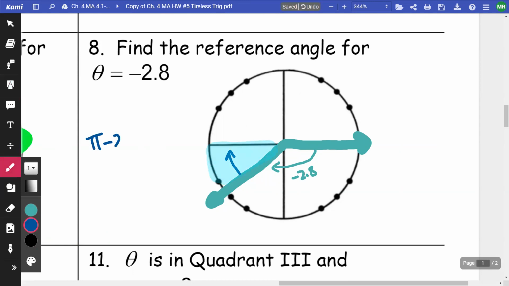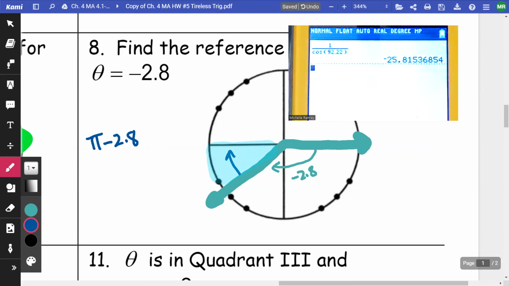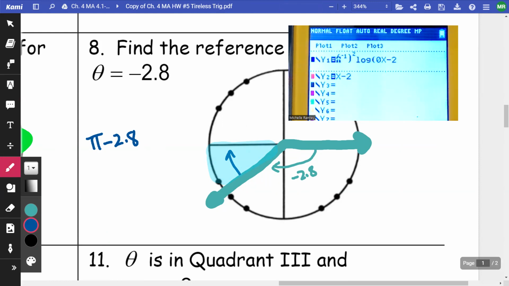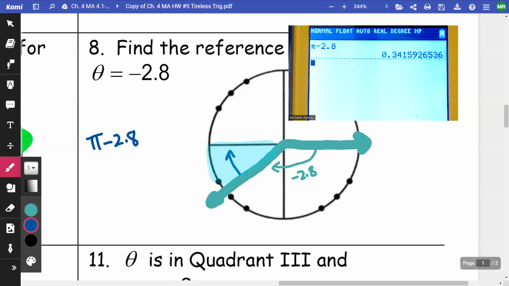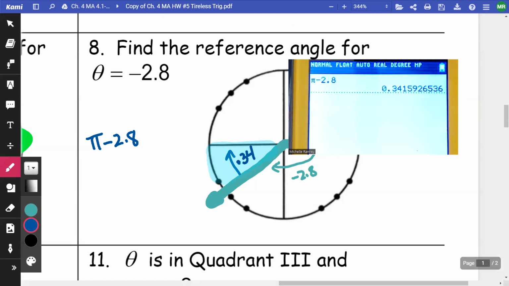So I'm going to go pi minus 2.8 to see how far off I was. Pi minus 2.8 is 0.34. So this is going to be 0.34 radians, and that's going to be my reference angle.